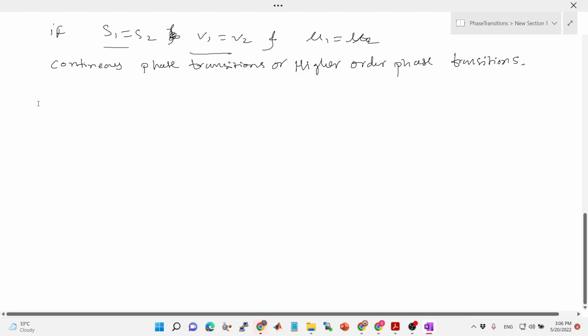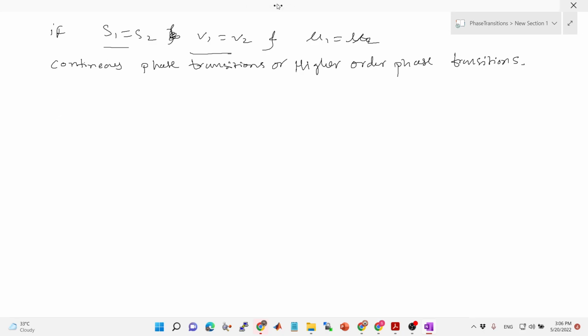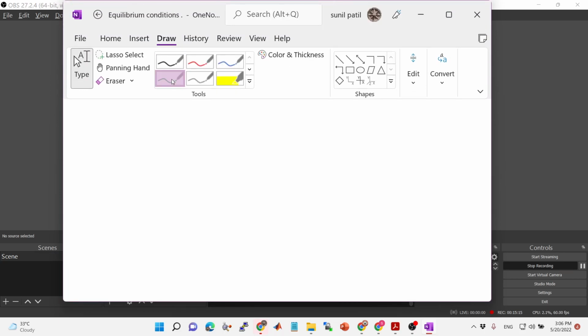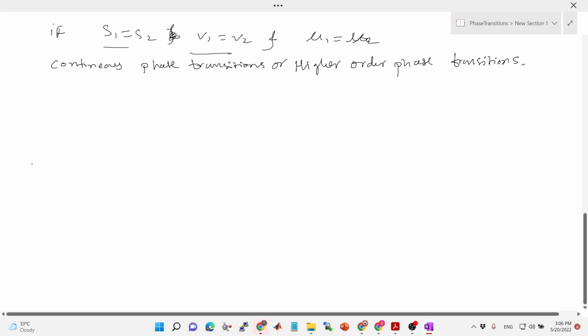let's say we want to plot G versus T, and if this is the transition temperature, then ∂G/∂T gives you S. Let me show it slightly.